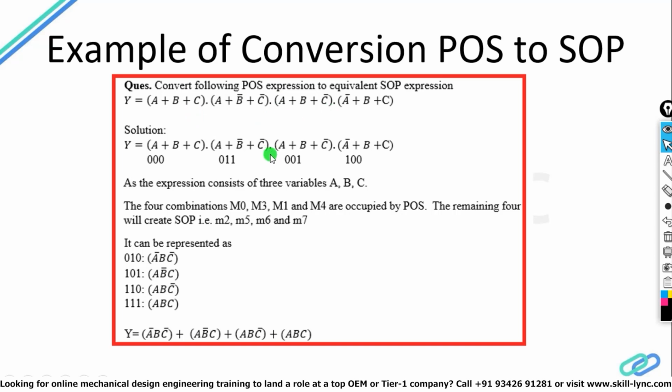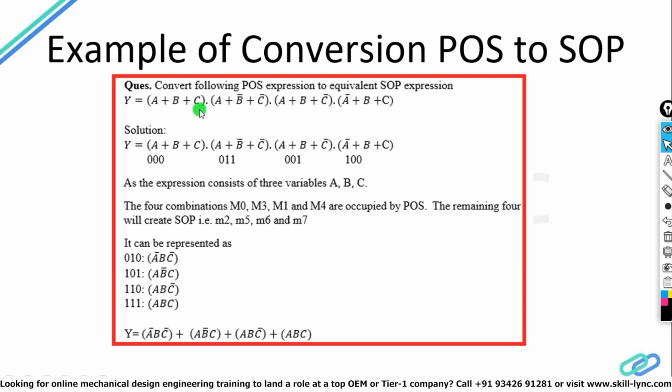Sum terms are known as max terms, so it is 0 0 0, 0 1 1, 0 0 1, 1 0 0, and so on. Because it is in the form of POS, the rules of POS will be followed. The rule of POS says that if A is there, put 0. If A bar is there, put the opposite, that is 1.